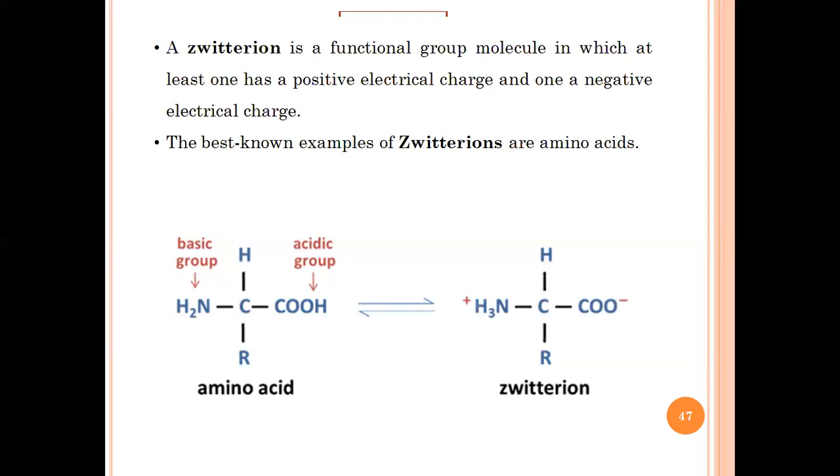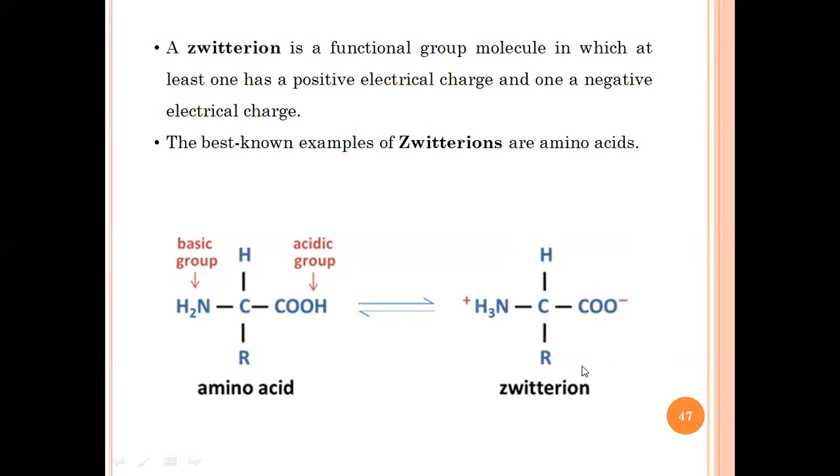So this is a typical amino acid structure. You can see here the basic group, the amino group, can gain one hydrogen atom and become NH3 plus. At lower pH, this reaction takes place. However, at a higher pH, generally there is a loss of a hydrogen atom from the acidic group, that is C double bond OH, and it will get a negative charge.